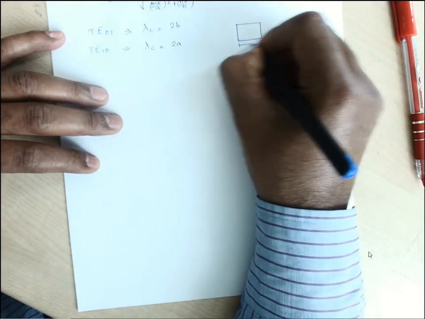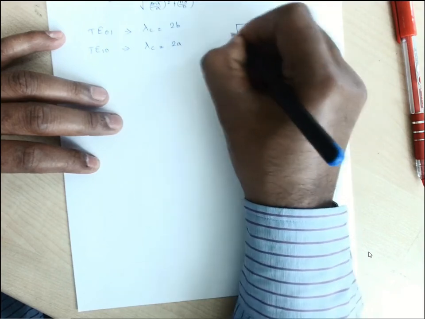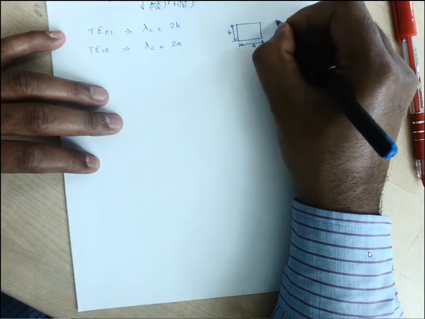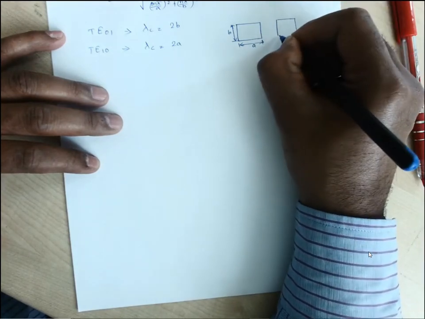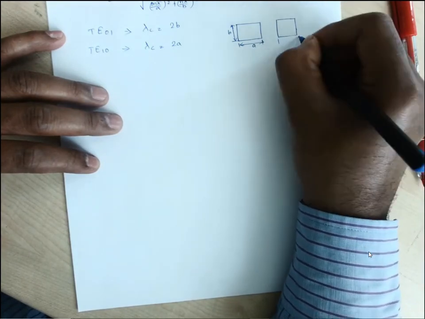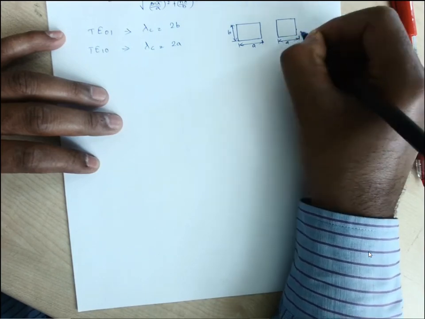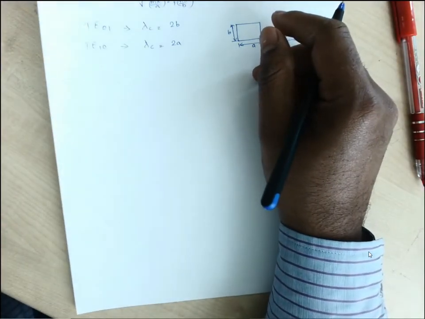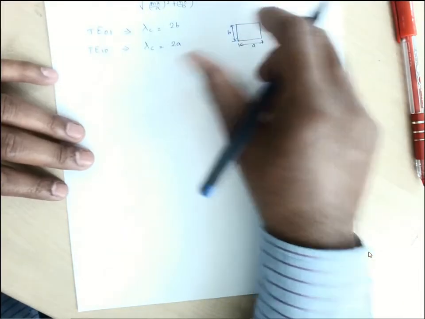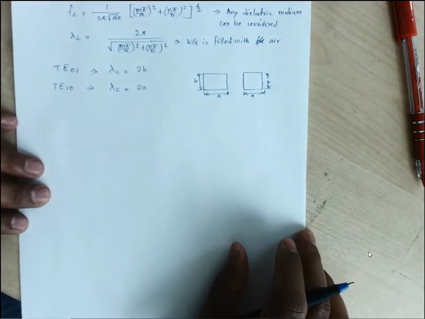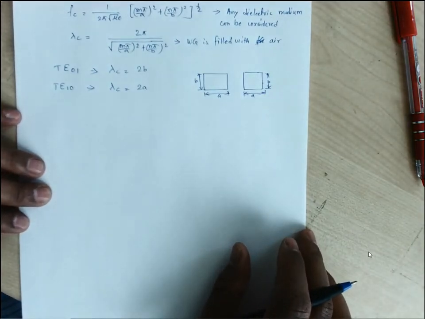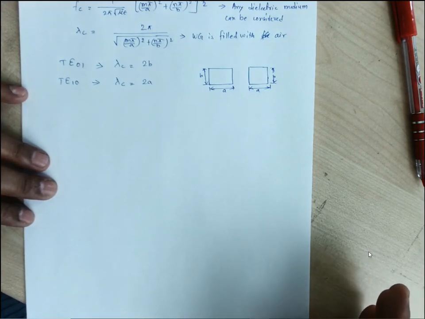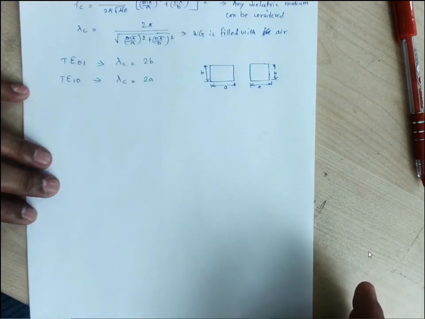Here it is a rectangle, a by b, but for having degenerative mode we need to consider a square waveguide, a by a. So it is only possible for a square waveguide. So what is degenerative mode? If two different modes produce the same cutoff frequency or cutoff wavelength.